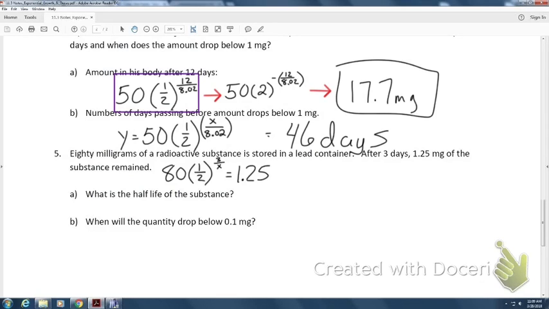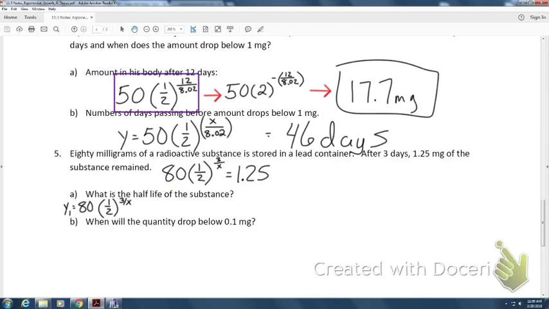Okay, I can put my equation into y equals. So I'll put y1 as 80 times 1/2 to the power of 3 over x. And then what do I do after that? Okay, so I can scroll up and down until it equals 1.25. Can anybody find 1.25?